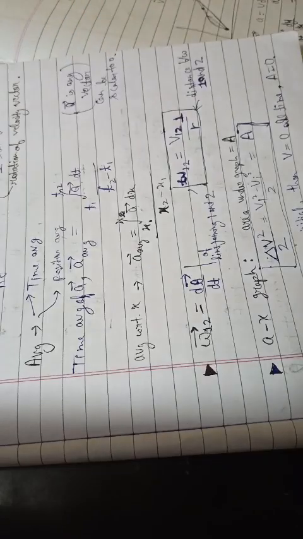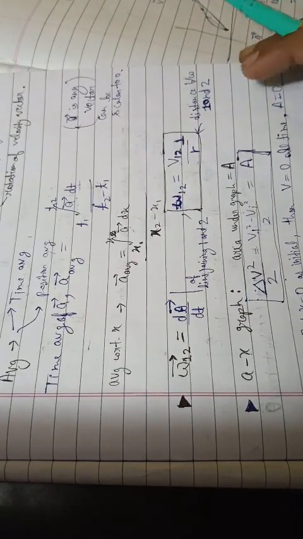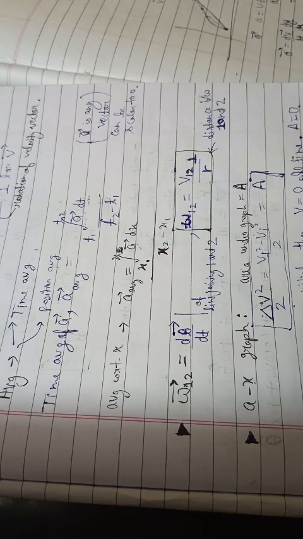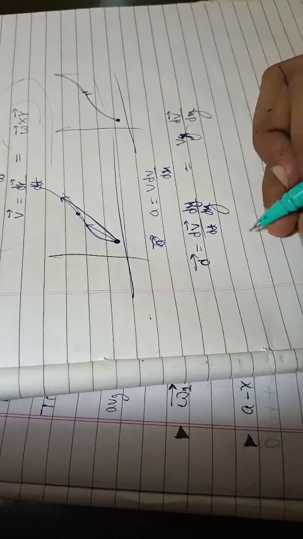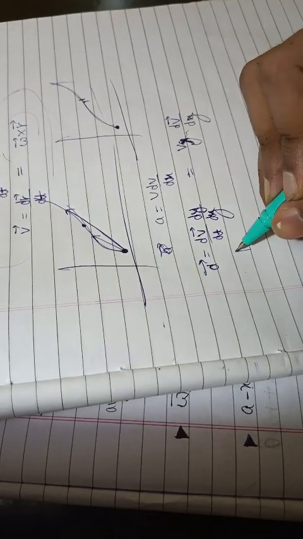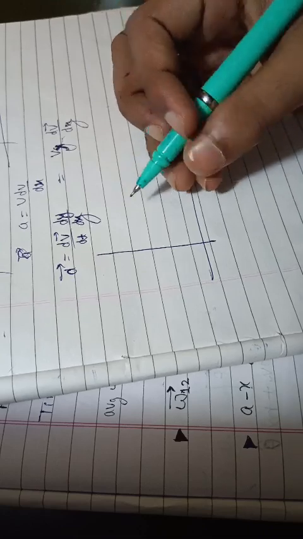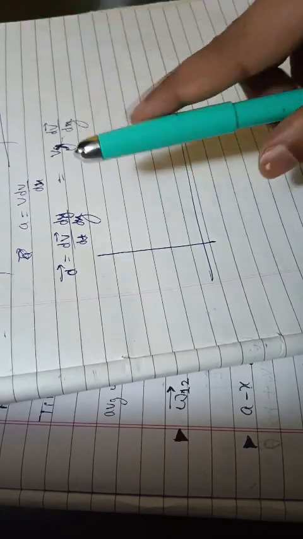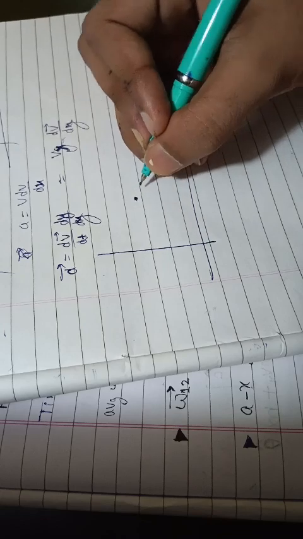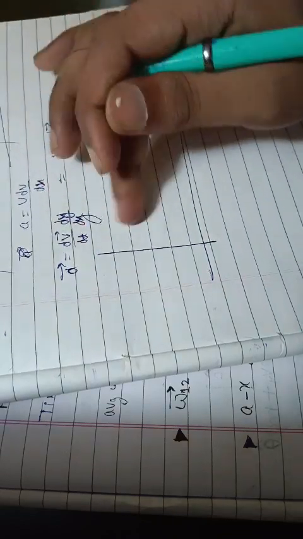Now, the omega vector of a point with respect to another point. How do we find omega? The omega vector is found by the line joining the two points.